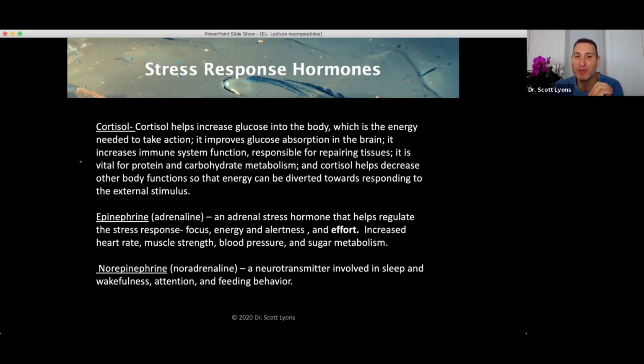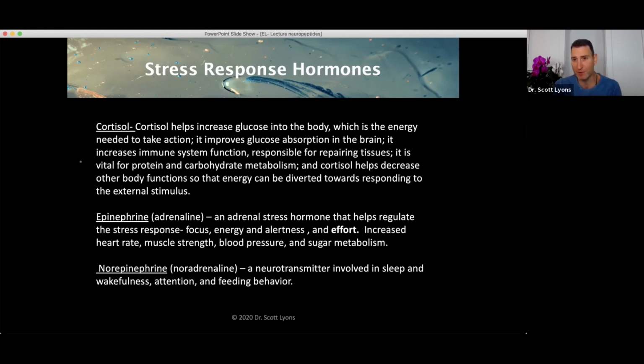Cortisol helps increase glucose in the body, which is the energy we need to take action. It improves glucose absorption in the brain, also important to take action. It increases immune system function. As I mentioned, it's responsible for repairing tissues. It's vital for protein and carbohydrate metabolism. And cortisol helps decrease other body functions so that energy can be diverted towards responding to the external stimuli.